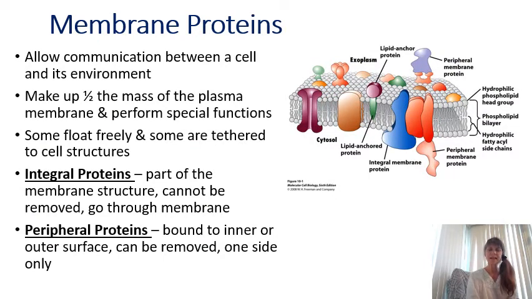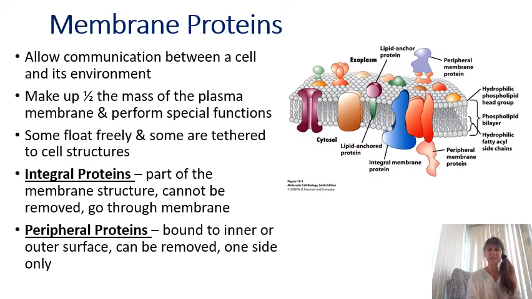Looking more closely at membrane proteins, these proteins allow communication between the cell and its external environment. Membrane proteins account for about half of the mass of a plasma membrane, and they have very specific functions. Some are going to kind of shift through the membrane, and some are actually anchored to cellular structures.